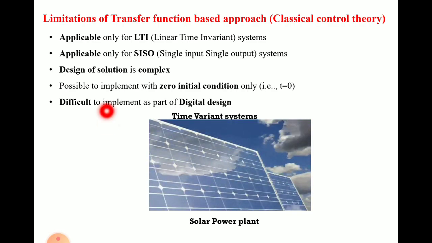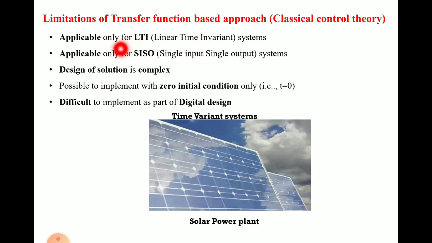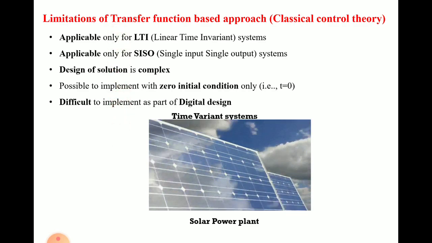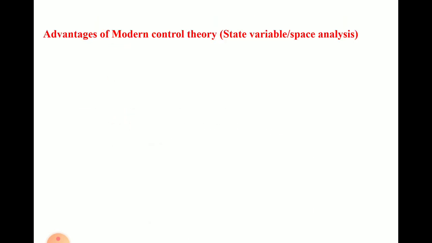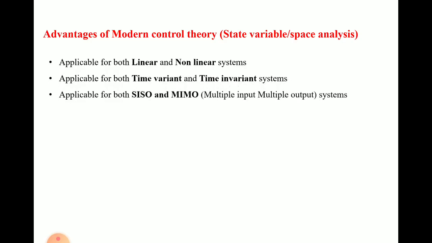So this is regarding linear system, non-linear system, time variant and time invariant system, and these are the limitations of transfer function based approach. Now we will look at the advantages offered by modern control theory, that is the current topic, state variable or state space analysis. Applicable for both linear and non-linear systems, applicable for both time variant and time invariant systems, applicable for both single input single output and multiple input multiple output systems.